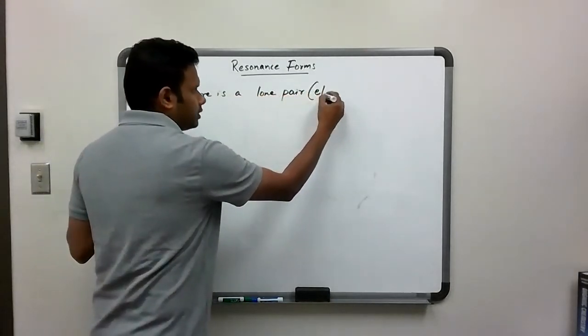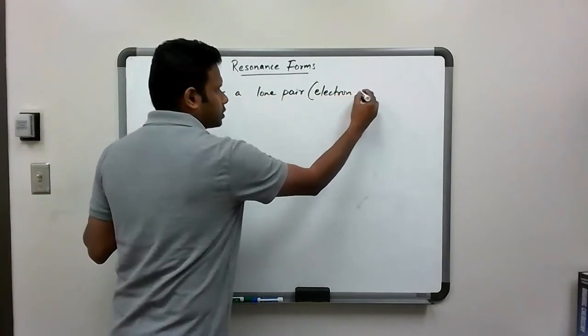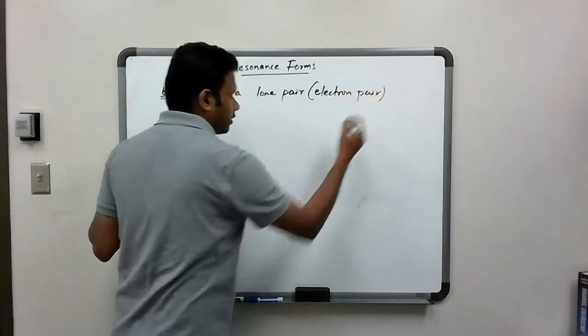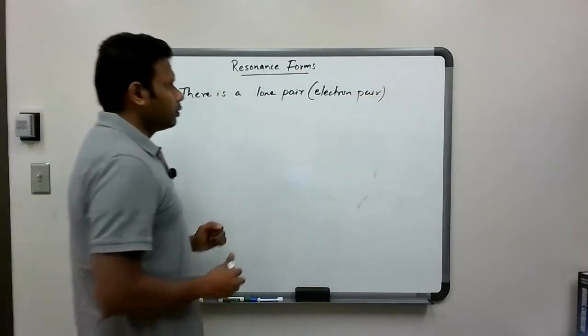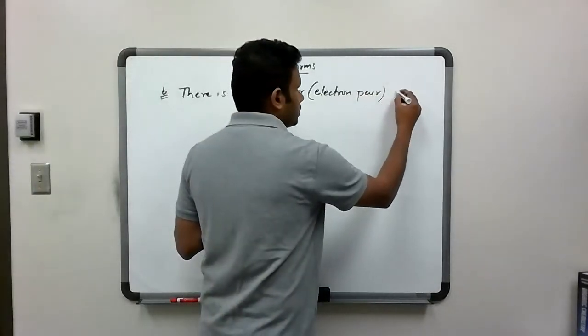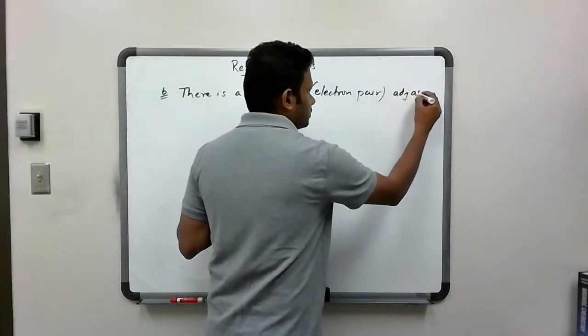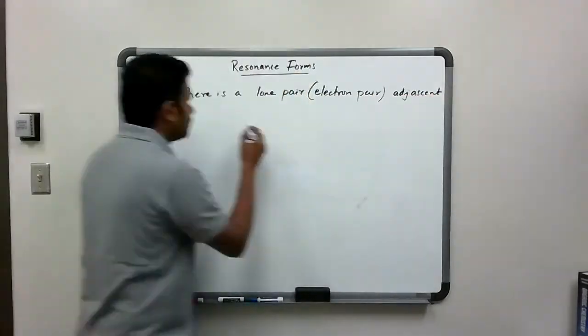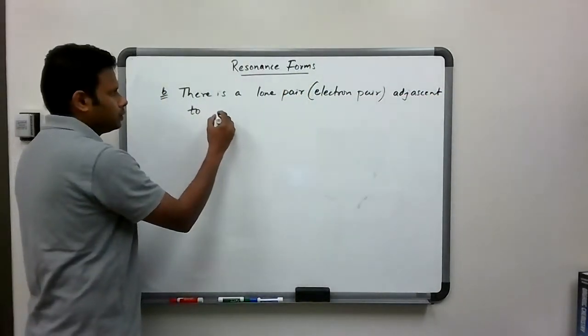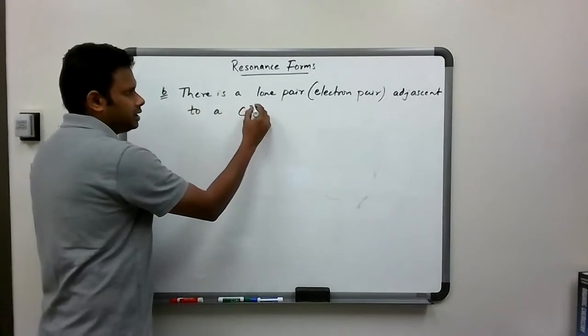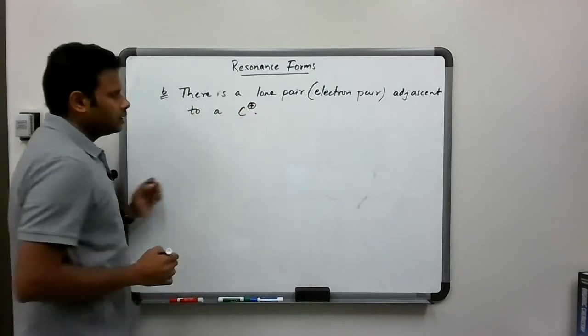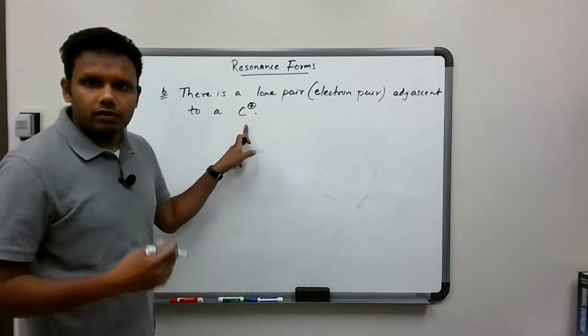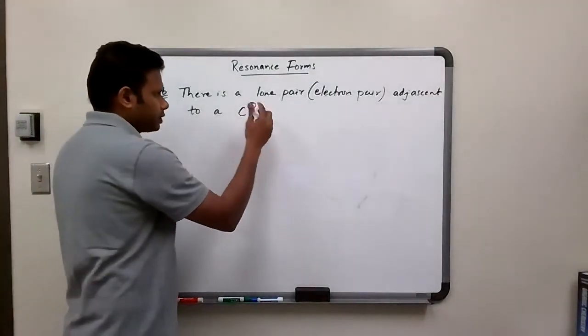Now read this as an electron pair. When there is a lone pair adjacent to a C plus, a carbon with a positive charge.